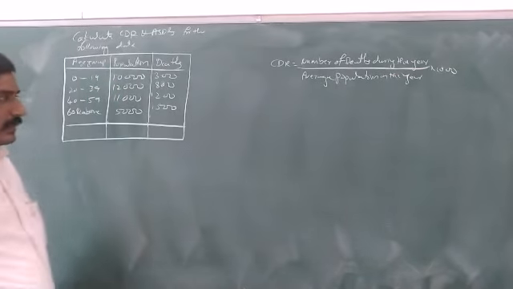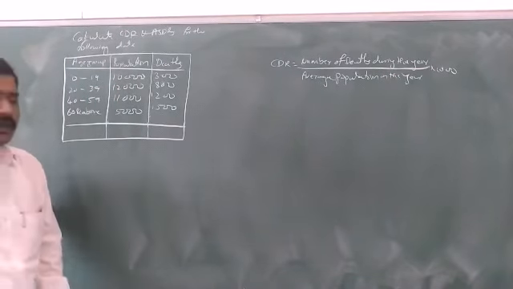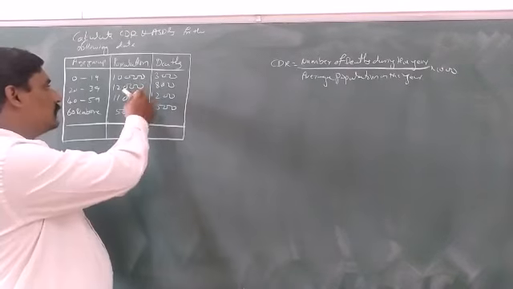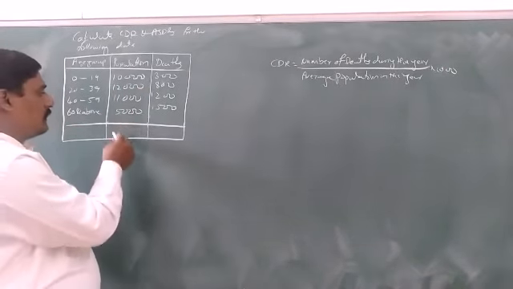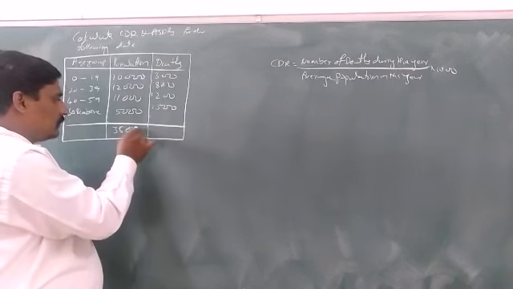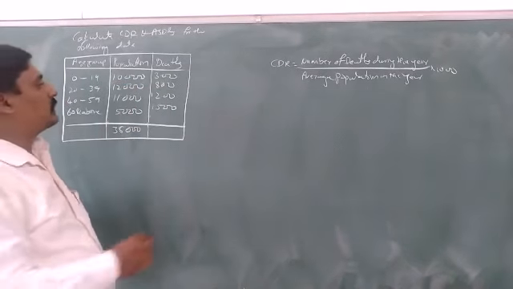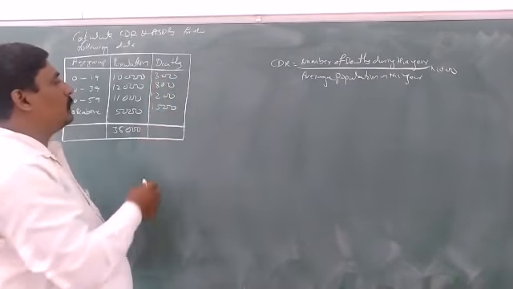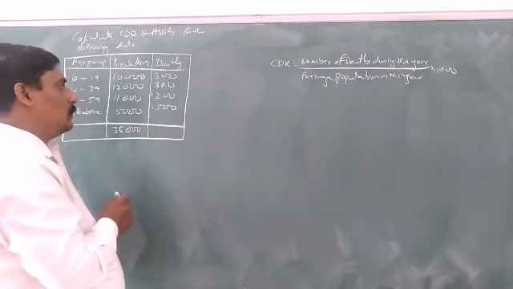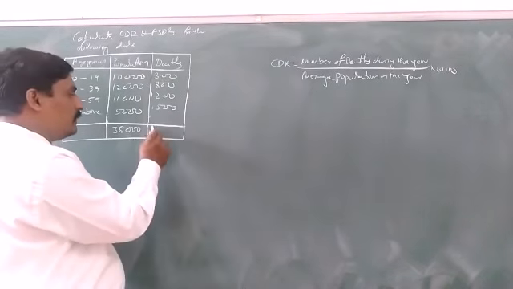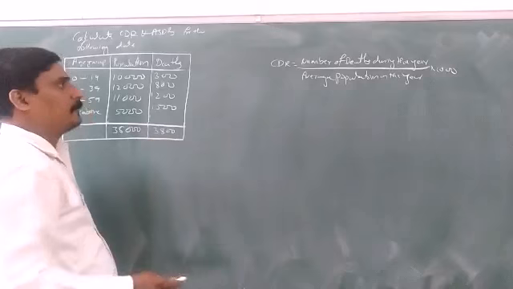So to calculate the CDR, we need to make the total of both columns here. First 10,000 plus 12,000 is 22,000, plus 11,000 is 33,000, plus 5,000 is 38,000, and the total of deaths: 300 plus 800 is 1,100, plus 1,200 is 2,300, plus 1,500 is 3,800.